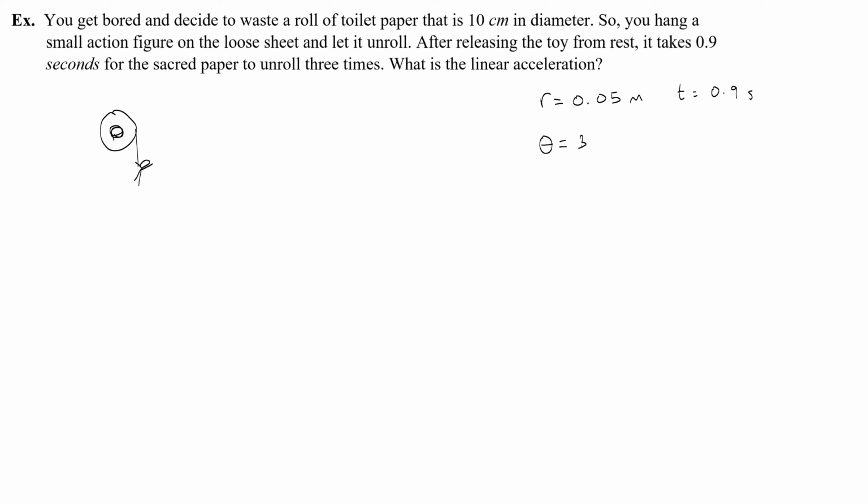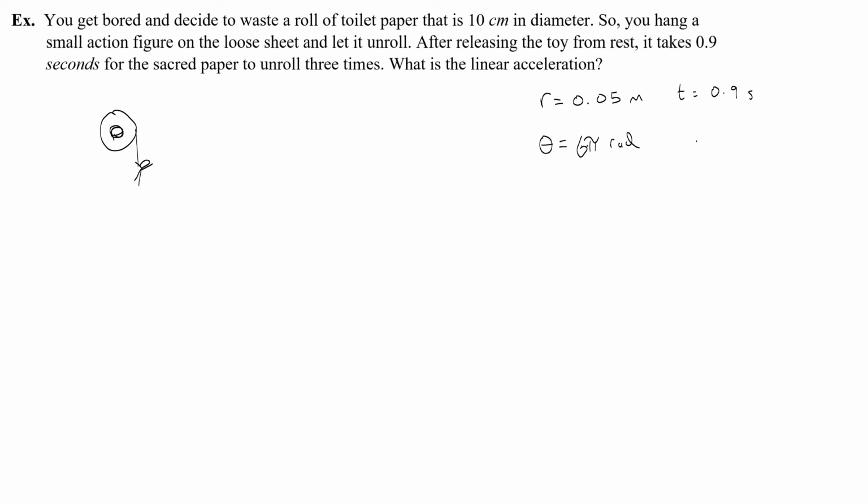Well, so 3 rotations, or revolutions, to get that into radians, you would think in 1 revolution there are 2 pi radians. So there are 6 pi radians in that 3 rolls. I'm going to erase this and just write that 6 pi radians. Okay, so that's my change of angle.